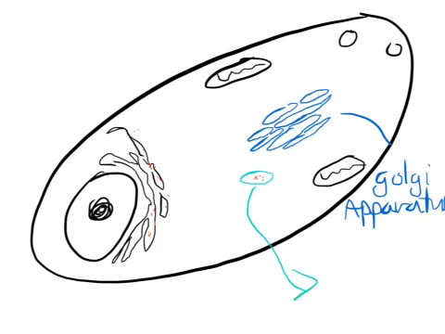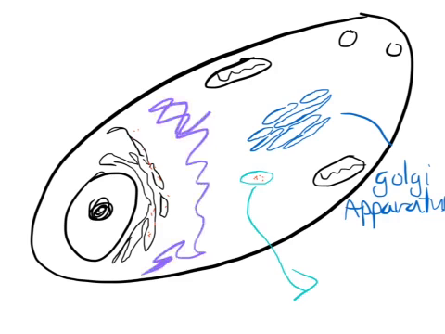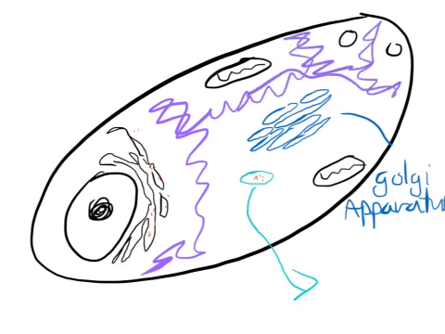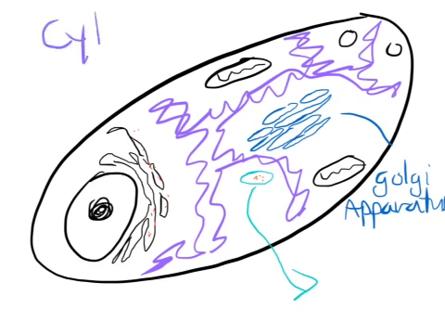Another piece of the cell is the cytoplasm. Within this entire drawing, you want to imagine that it's not empty space, it's this gelatin-like material, and it's called the cytoplasm.